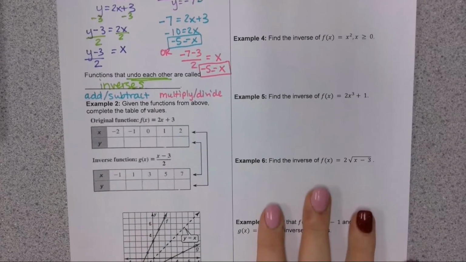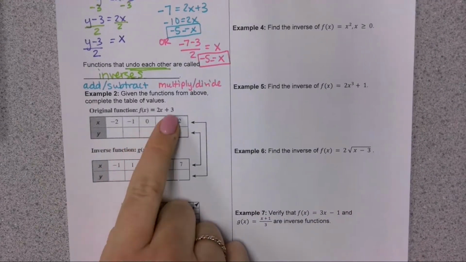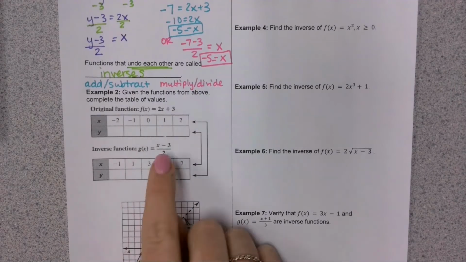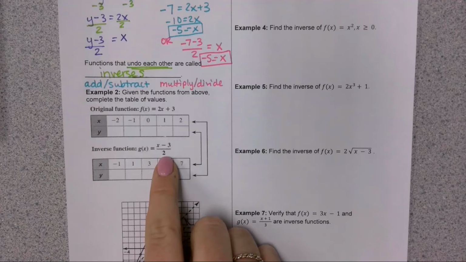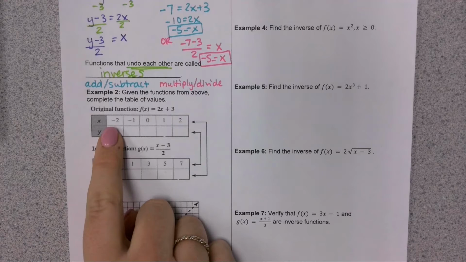So what is a function and its inverse? Look at these two tables. We're using the same exact formulas, equations, that we did in example 1. We've got 2x plus 3, and we have x minus 3 over 2. And we just want to see something that happens when we input, solve for these x values. What happens when we plug in negative 2?